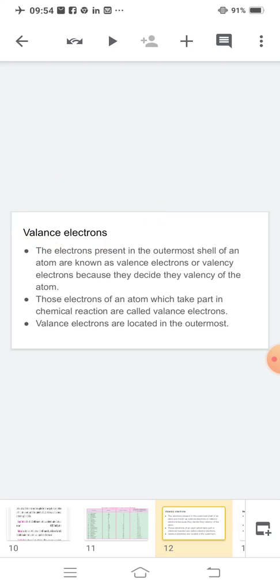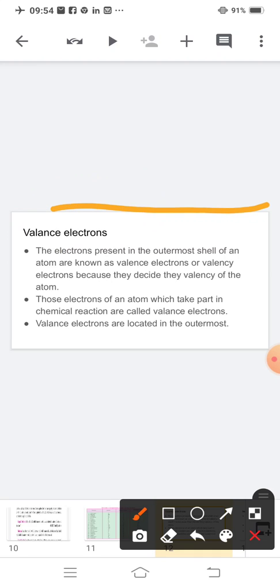Clear? Now what do you mean by valence electrons? The electrons present in the outermost shell of an atom are known as valence electrons, because they decide the valency of the atom, what they want to do, either gain or lose.